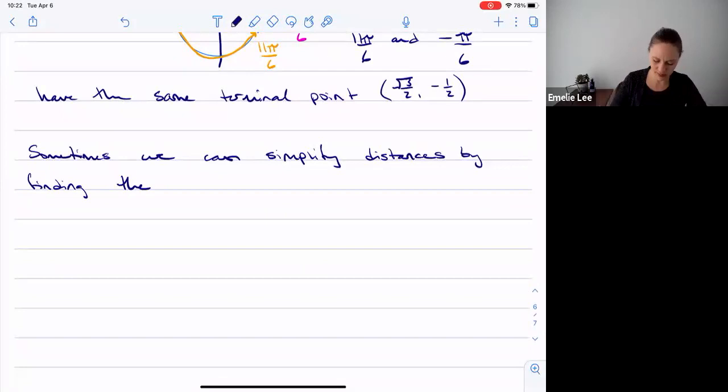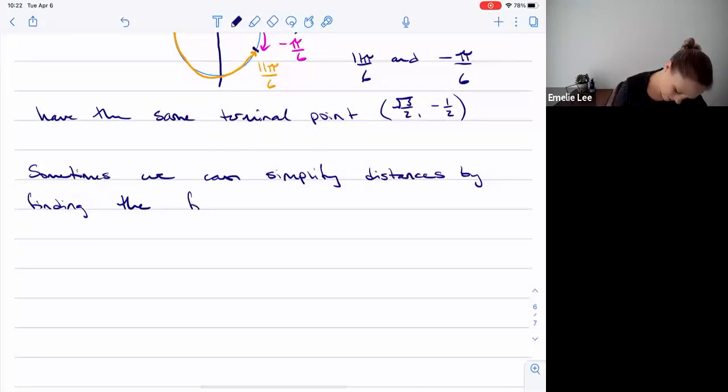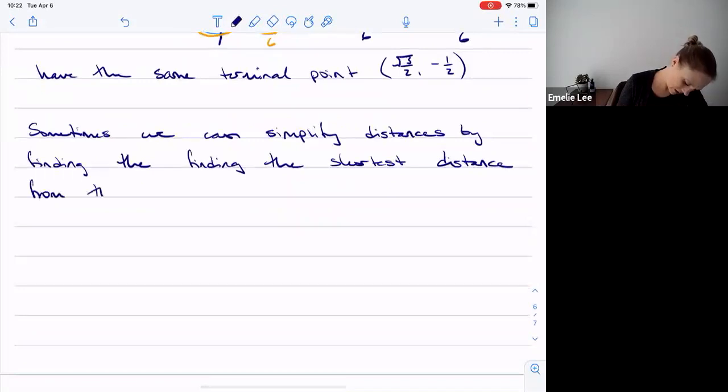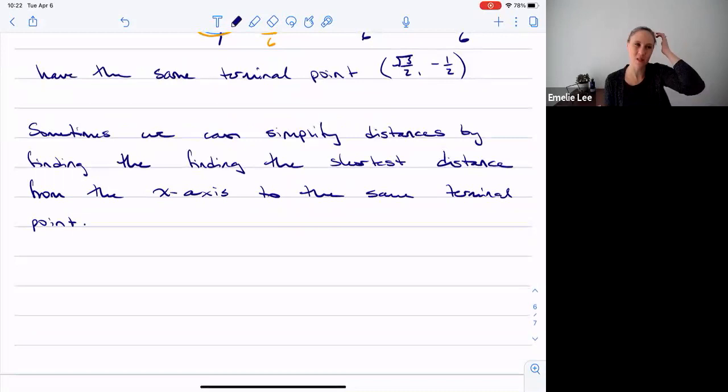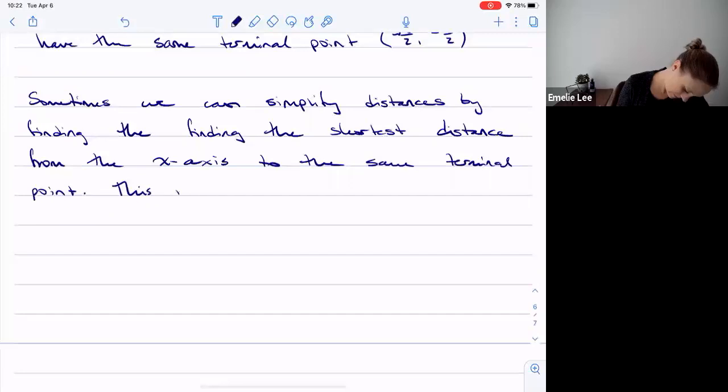So sometimes we can simplify distances by finding the shortest distance from the x-axis to the same terminal point. This is called the reference number.